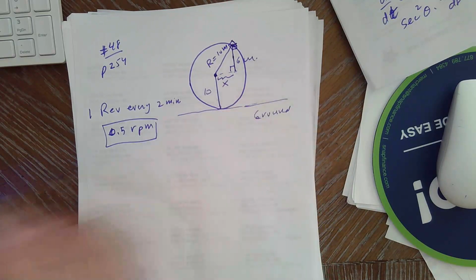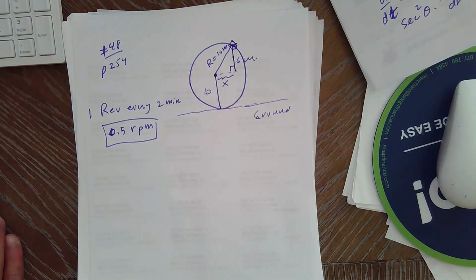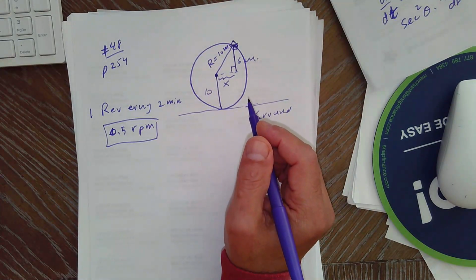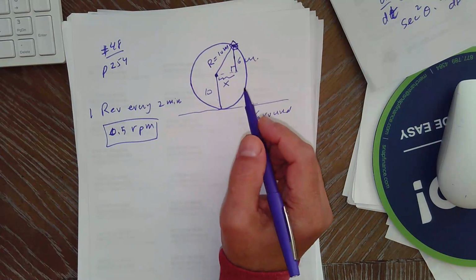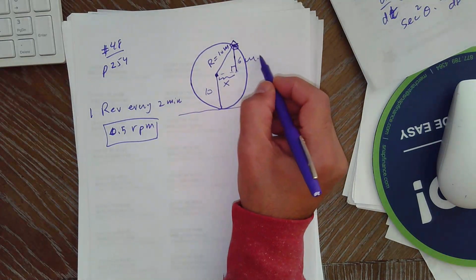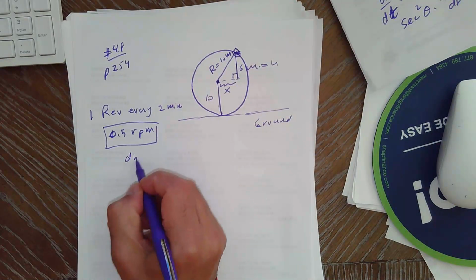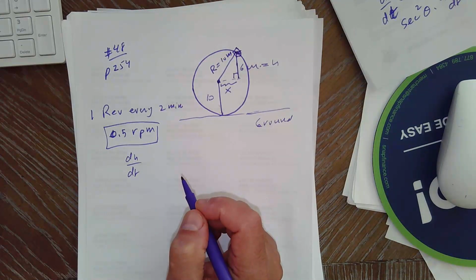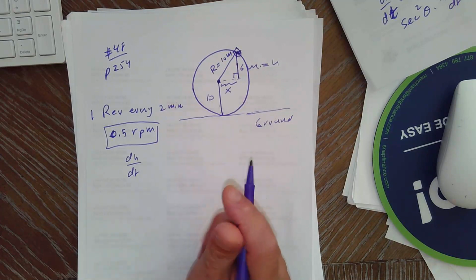So we want to know how fast is a rider rising. So we need dh by dt, if this is h.